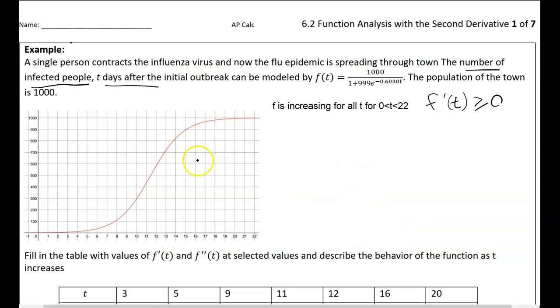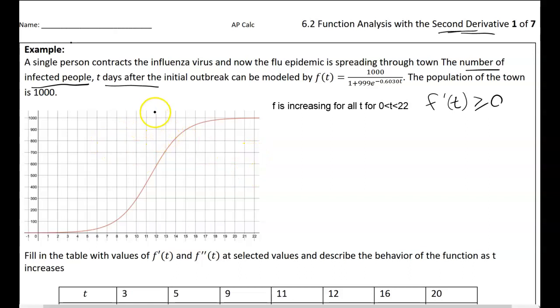Now, what I want to do is describe how it's increasing. So here we're introducing a second derivative. The second derivative can tell us how the graph is increasing or decreasing. The first derivative tells us whether it's increasing or decreasing. The second derivative tells us a little bit more.